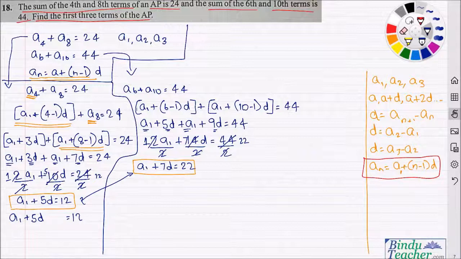Now I'll remove the 5D from the left hand side, so I'll do a minus 5D. Whatever we do on the left hand side, we will do it on the right hand side as well to balance the equation. So plus 5D minus 5D cancel out each other. We have A1 equals 12 minus 5D.